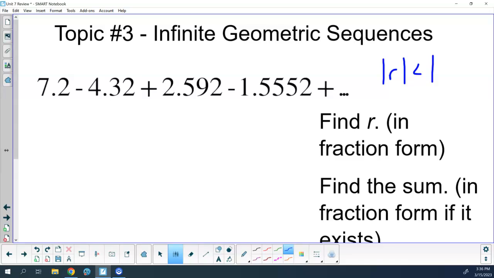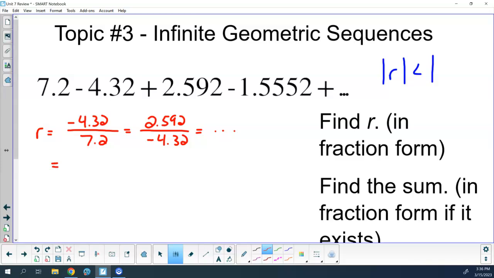Now there's some funky numbers going on here, so what we can do, remember, is find r by taking any term and dividing it by the term right before it, and so on and so forth. And when we do that, I get here an r value of negative 3/5.